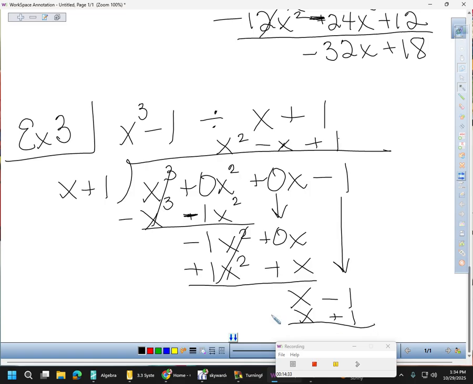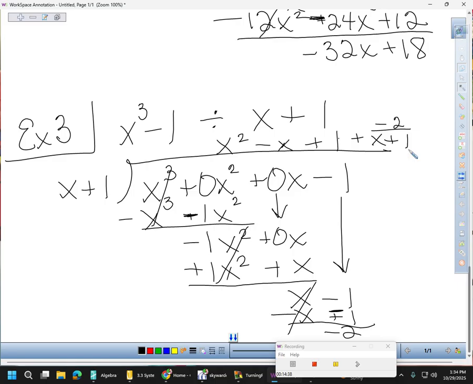Draw my line, change my signs. My x and negative x cancel out. What is my remainder here? Negative 2. I have a negative 1 and a negative 1, so I have a negative 2. So up here I go plus negative 2 over x plus 1. All right, so we remember long division, right? It's not our favorite, but you only have 6 of them to do. It'll be all right.